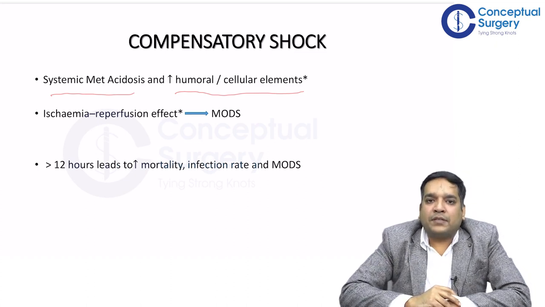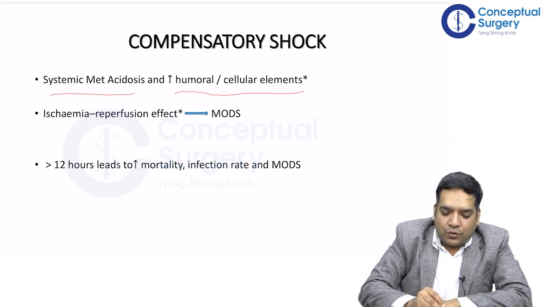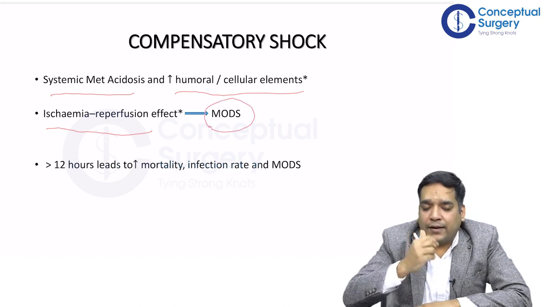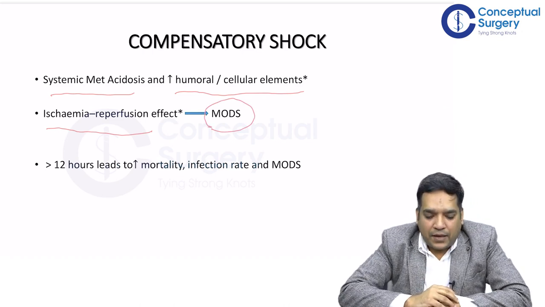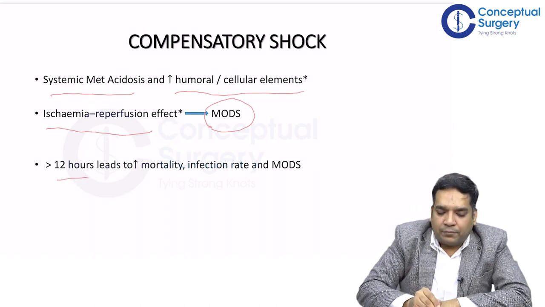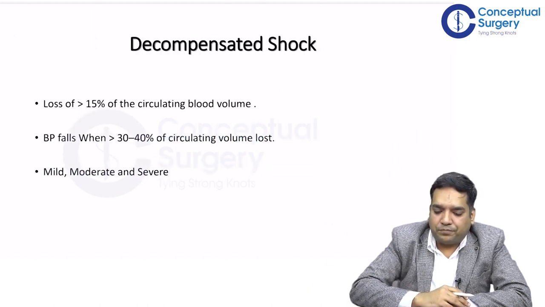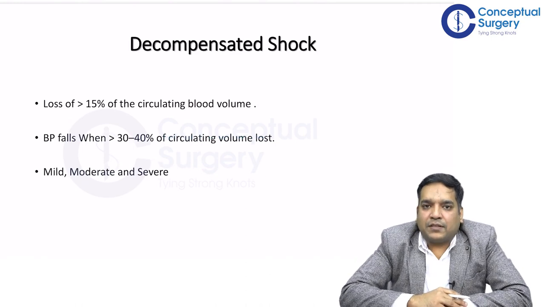So whenever these underperfused segments get reperfused, it will lead to an ischemia reperfusion effect, and this will lead to multi-organ dysfunction. I have already discussed the mechanism of this injury in the previous slide, and it is seen that if compensatory shock remains for more than 12 hours, it will lead to increased mortality, increased infection and increased chances of multi-organ dysfunction.